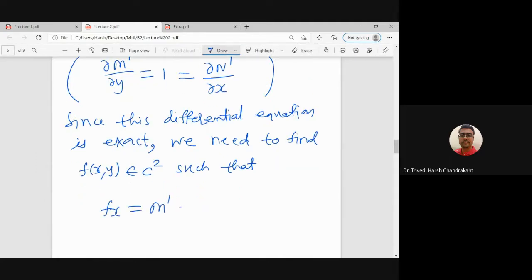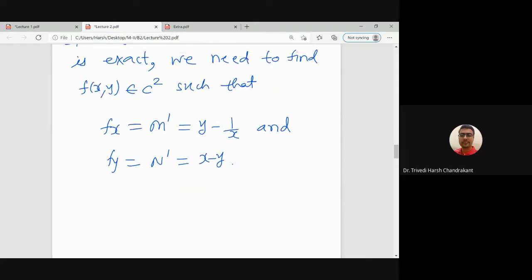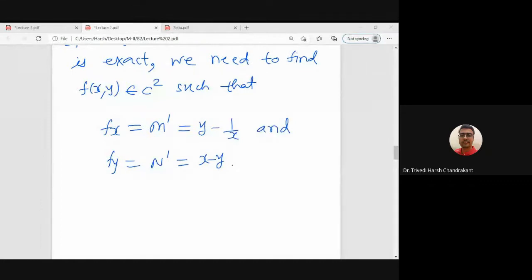So here m is m dash, that is y minus 1 by x, and fy is coefficient of dy, that is n dash, that is x minus y. Right. So now we know fx and fy, so we need to find f. So what we'll do, yeah, can anyone recall from previous lecture how to find f?